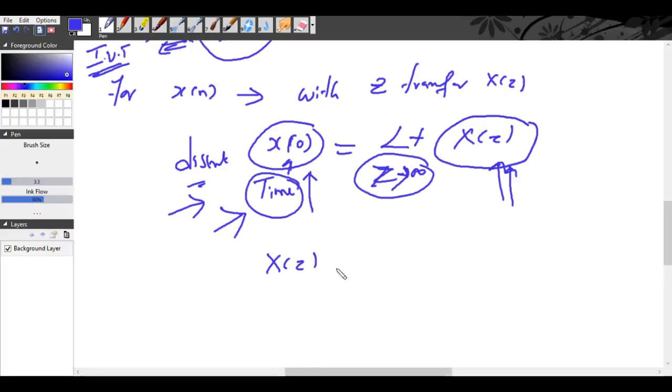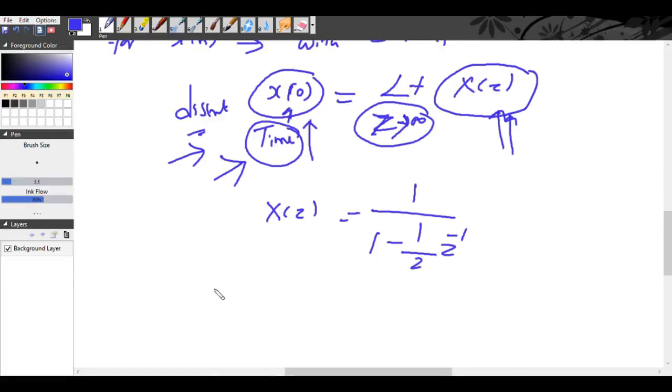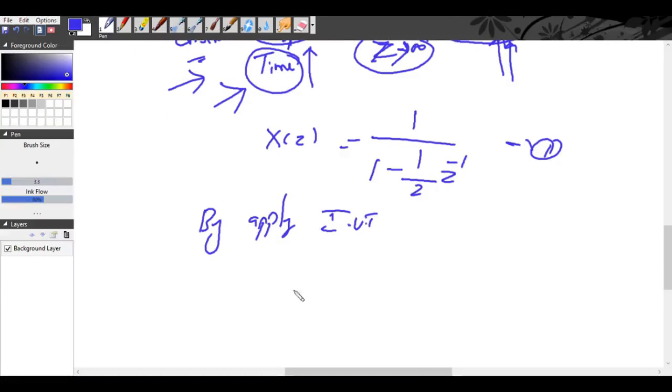So what is x of z? X of z is equal to 1 by 1 minus half z power minus 1. So you have to write like this: by applying the initial value theorem on this particular equation, I will be getting, what?